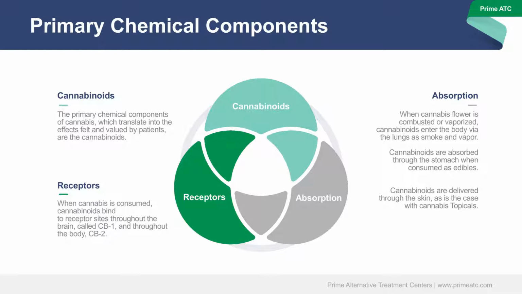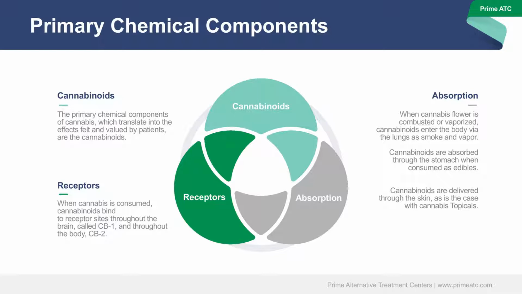These receptors are called CB1 and CB2. CB1 is primarily in the brain, CB2 primarily in the body. Different cannabinoids have different effects depending on which receptors they bind to.